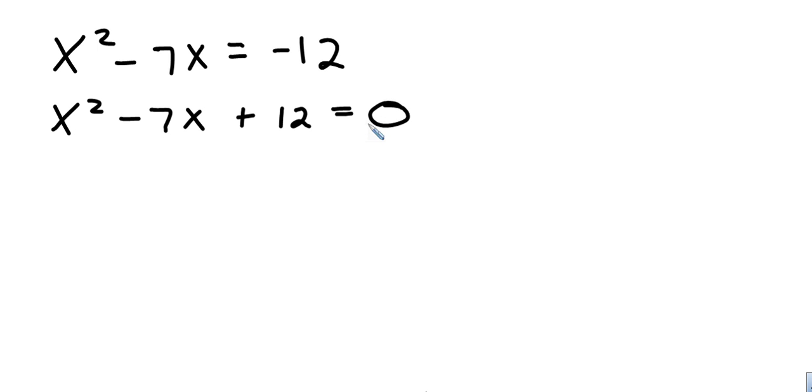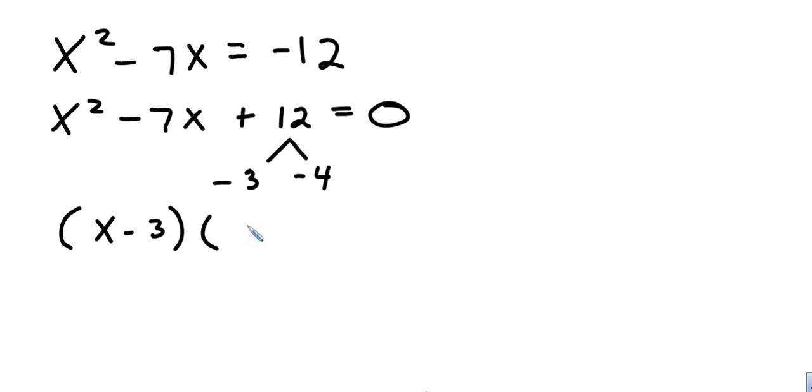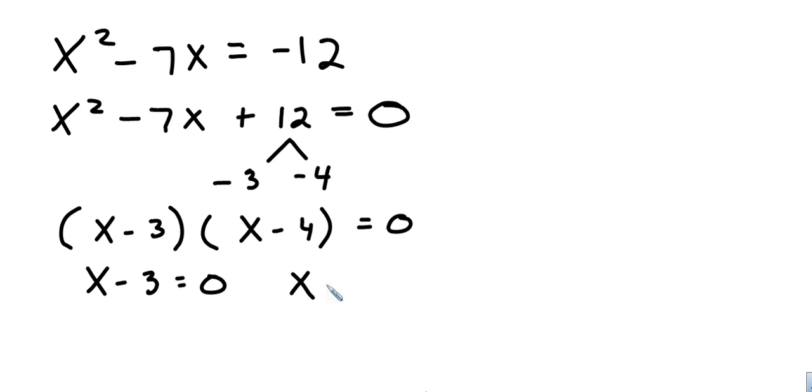So if I want to solve this by factoring, I can simply look for factors of 12 that add up to -7. Those two factors are -3 and -4. This factors as (x minus 3)(x minus 4), and that equals 0. Well, if I use the zero product property and set each of those factors equal to 0, I get x minus 3 is equal to 0, and x minus 4 is equal to 0.